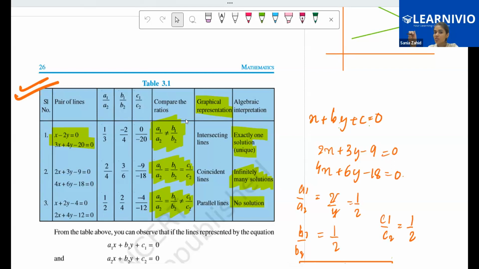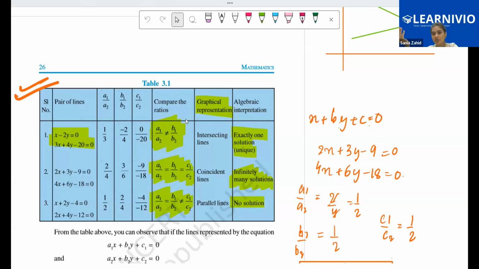So such type of equation will have what kind of graph? We have intersecting lines. And the point at which they are intersecting represents the what? The solution. Since they are intersecting at only one point, such type of equation will have exactly one solution. So are they consistent or inconsistent? They are consistent.